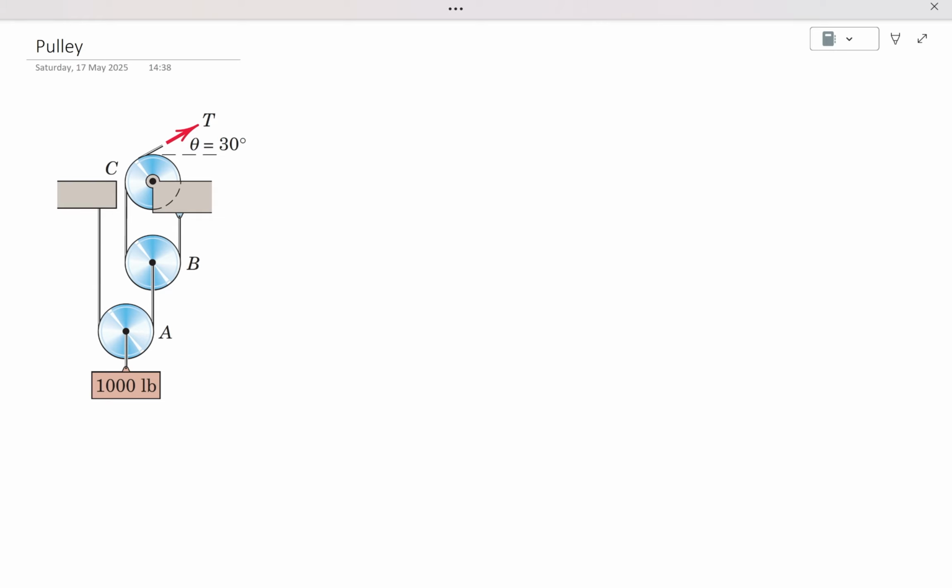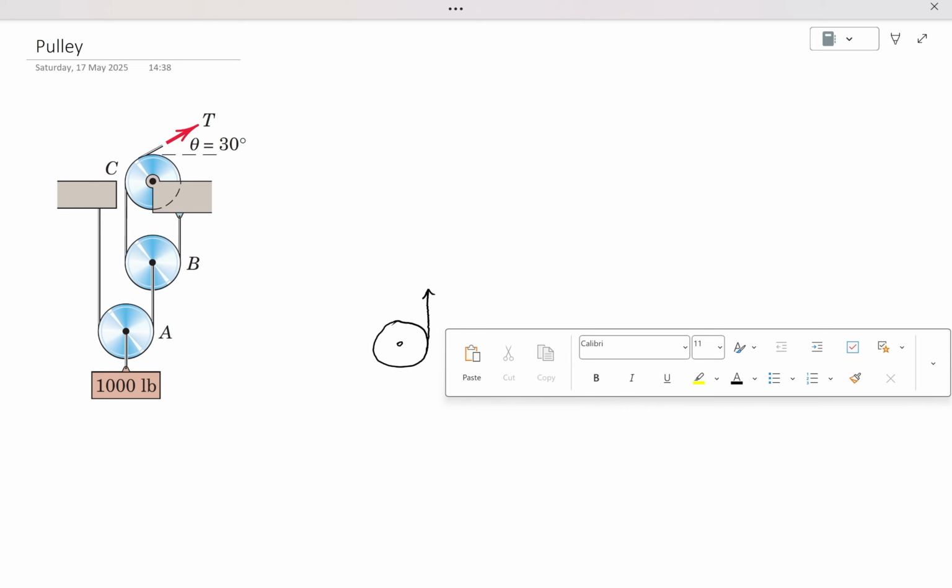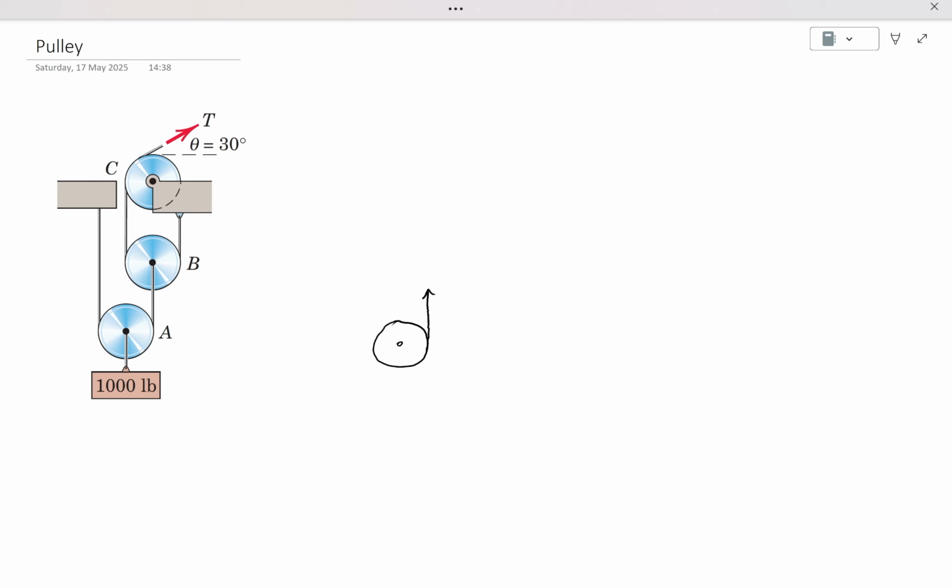Okay, so first we need to solve from A. We need to draw a free body diagram of pulley A. On pulley A, you will have, let's call it T1, and here T2.